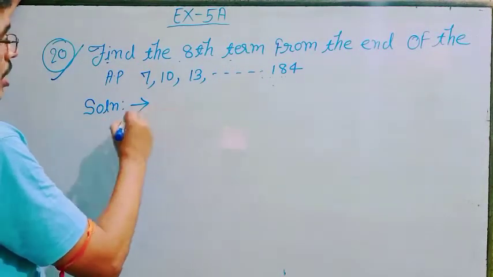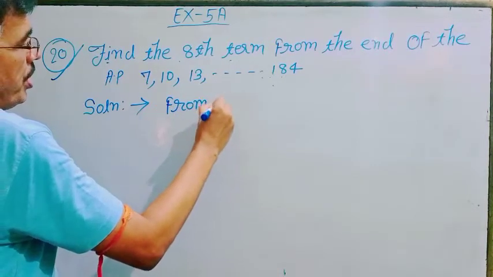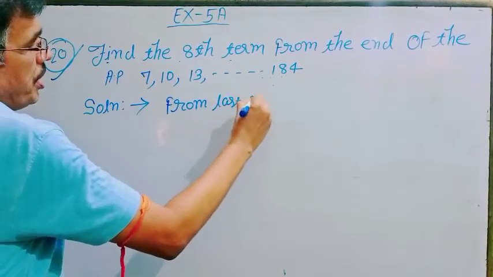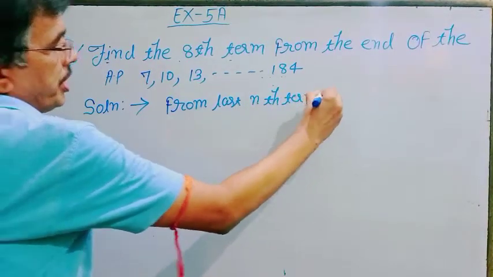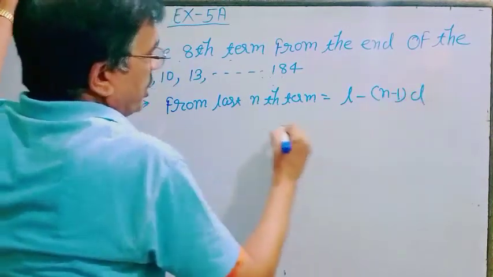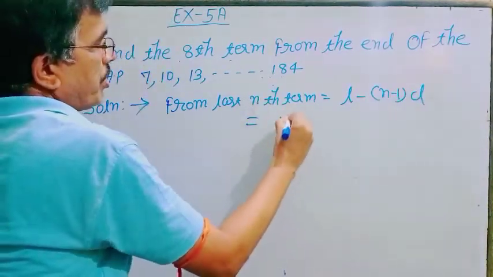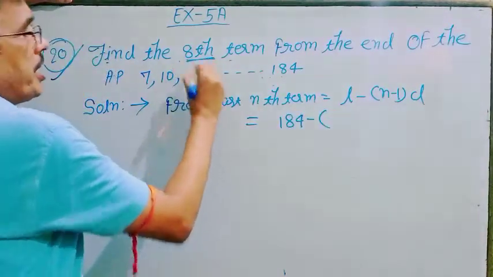So here is the formula from last: the nth term is equal to L minus n minus 1 into D. So what is the last term? That is 184 minus n, what term? That is the 8th term.